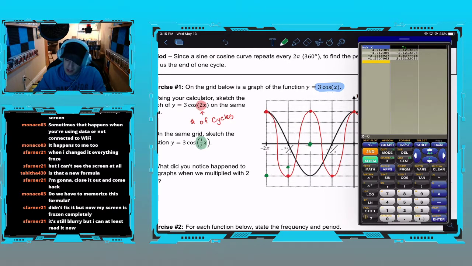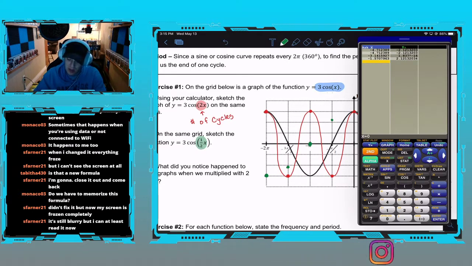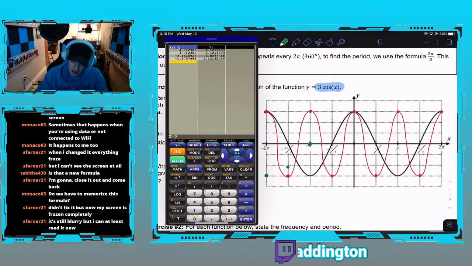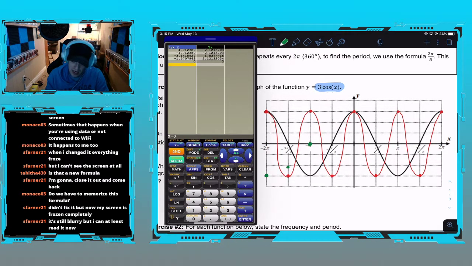And it says that my number is going up to 2.12. So I'm going to be somewhere right about here. Now I'm going to type in 0 because I'm now at the axes, and that's going to be at 3.